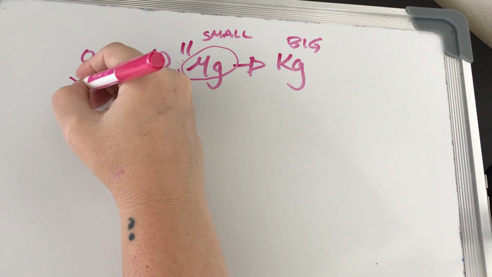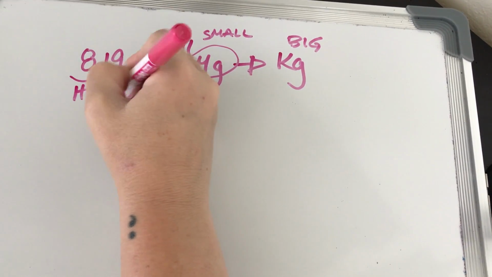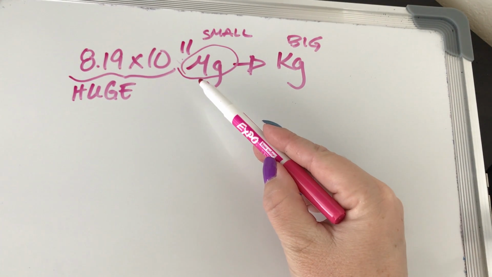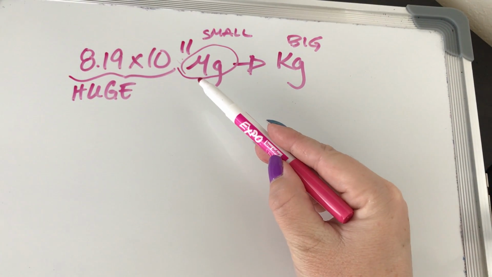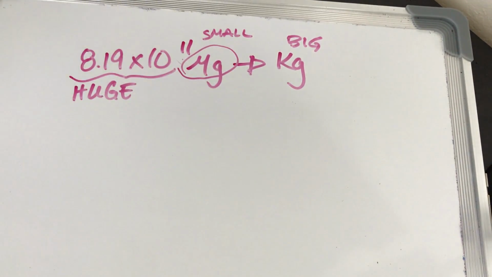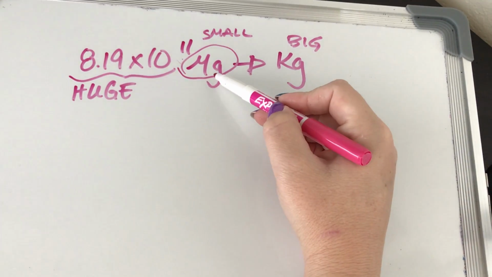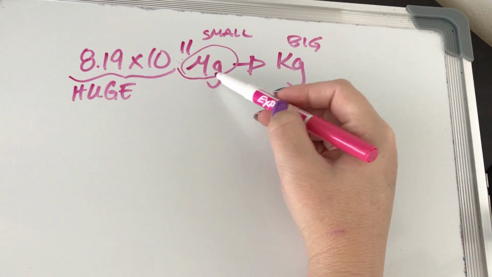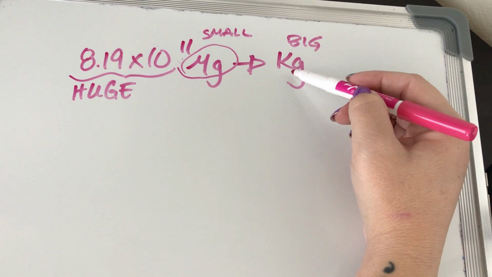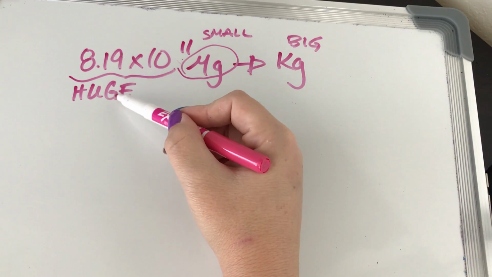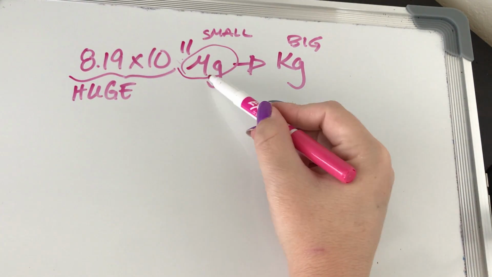So this is a huge number, right? But it's a huge number of small units, right? Is everybody still with me? So, going from micrograms, not milligrams, micrograms to kilograms, you are going from a small unit to a big unit, right? But you're starting off with a huge number of small things.